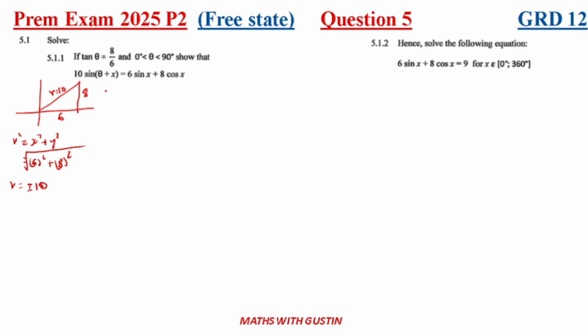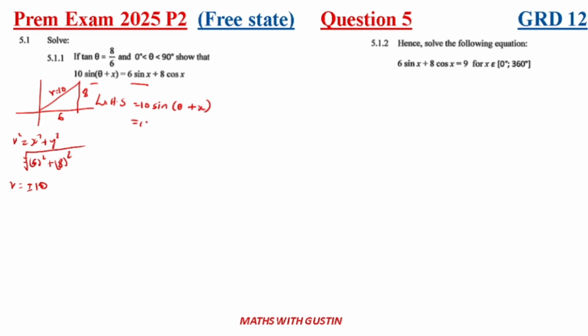Great stuff. Now let's look at this one here. We're going to solve it. This is the right hand side, this is the left hand side. We are looking at it from the left hand side, because already on the left hand side we can see that we've got a compound angle, theta plus x.